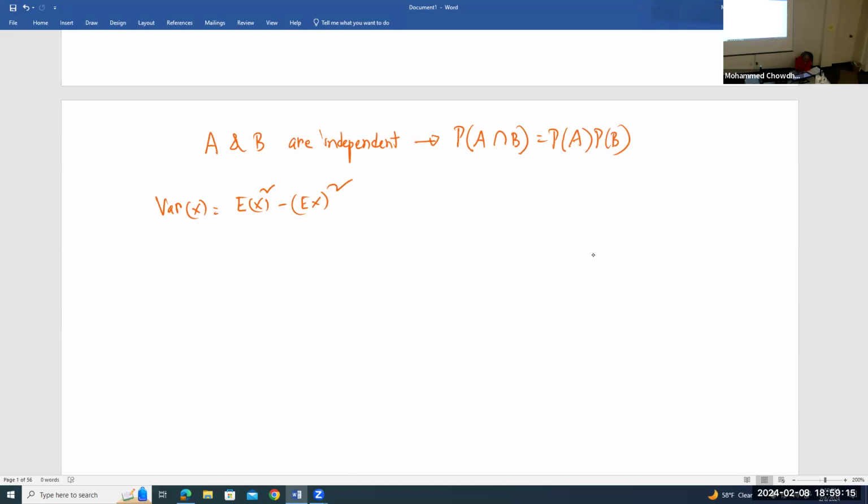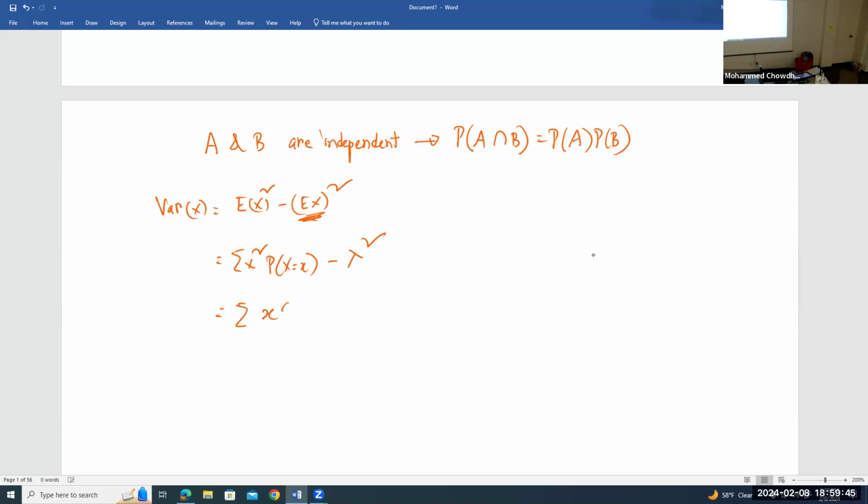So now to find this variance, that could be written as the sum of x squared times probability of x equal to x, minus the square of the expected value of x. What is this value? The expected value of x of the Poisson distribution equals what? We just found it, right? Lambda. So this is lambda square, right? Good. So you are following me. That really makes me happy.